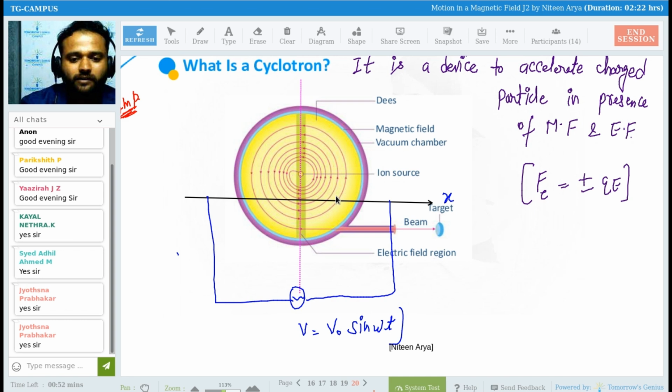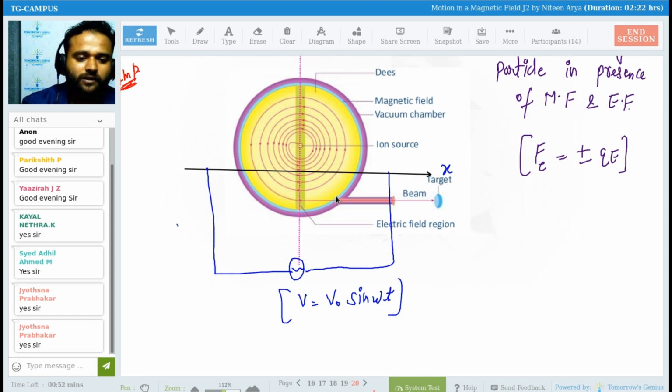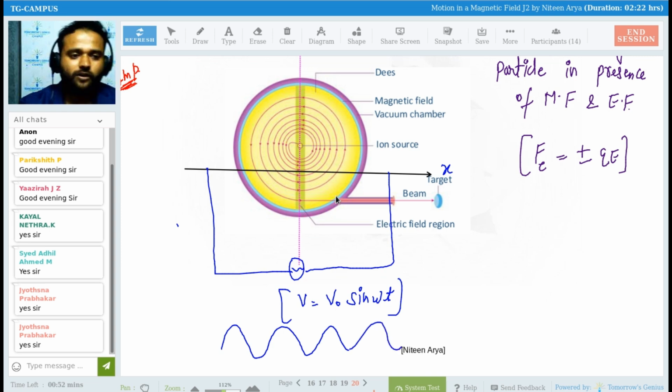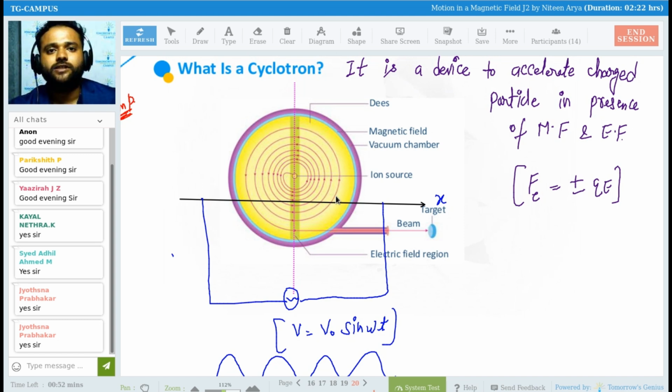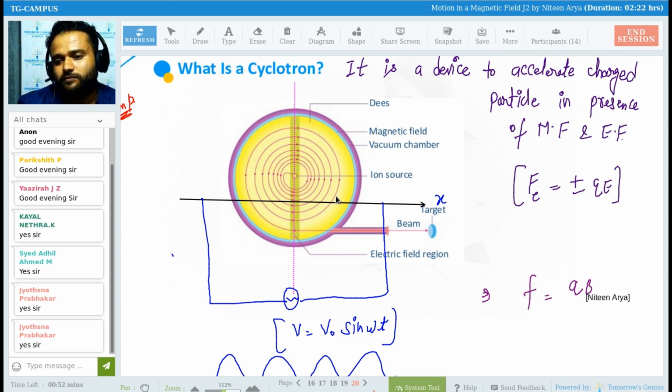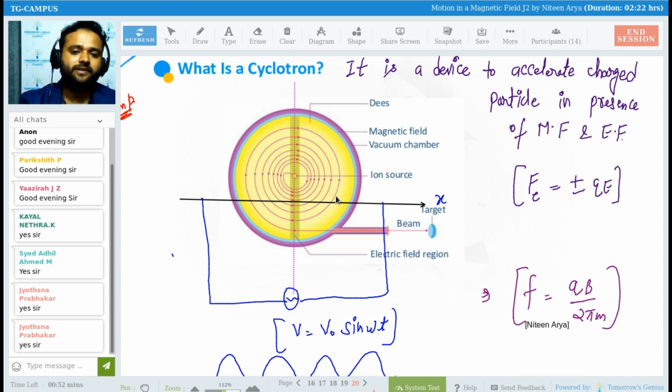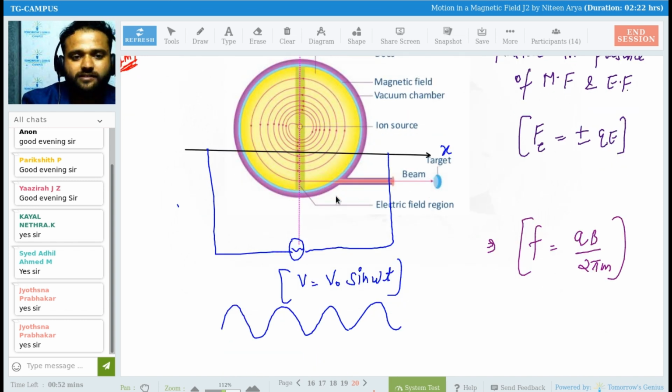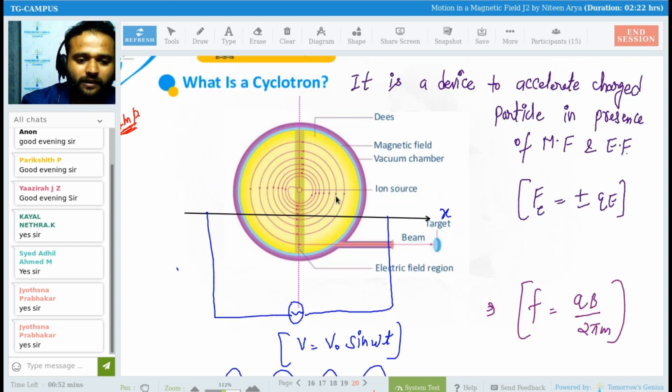With the help of this, your voltage is moving in this way, a sine function. So there is one frequency of voltage which gives you an alternating electric field, and there is one frequency of the charged particle moving in a circle, qB upon 2 pi m. One frequency is this.